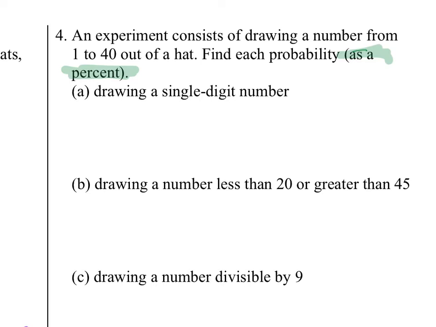All right, drawing a single digit. Well, how many single digits do I have? It says 1 to 40. So I have 1 through 9, which means I actually have 9 single digits. So it's going to be 9 over 40. All right, so I have to put this into my calculator.